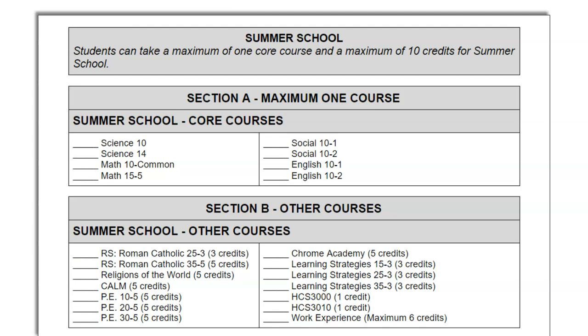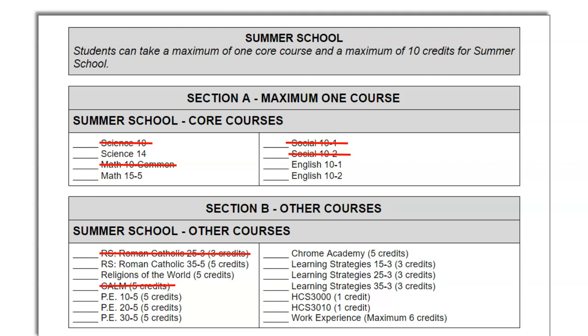French immersion students must take RS Roman Catholic 15-3, RS Roman Catholic 25-3, COM or Carrière EV, Science 10, Social 10, Social 10-2, and Math 10 Common in French to receive the necessary hours of French language instruction to meet French immersion requirements.